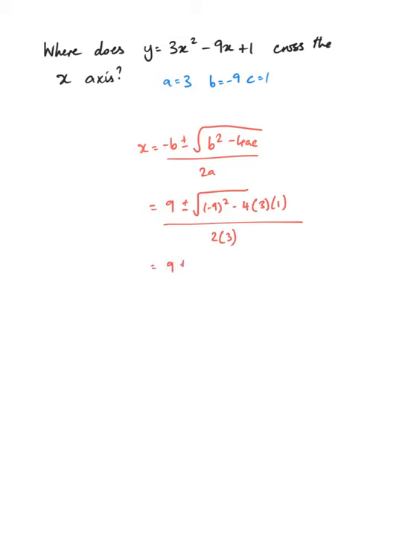So I get 9 plus or minus the square root of 69 over 6. Square root of 69 doesn't simplify, so I get 9 plus the square root of 69 over 6, or 9 minus the square root of 69 over 6. And again, unless it asks you otherwise, leave it as exact answers.